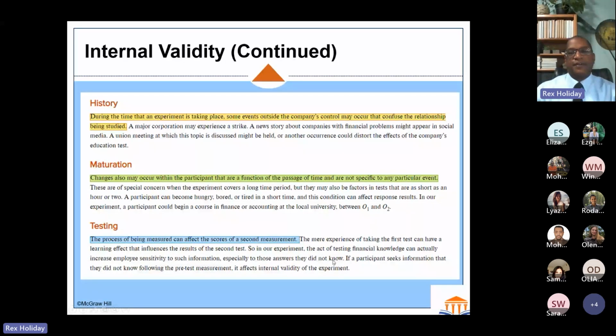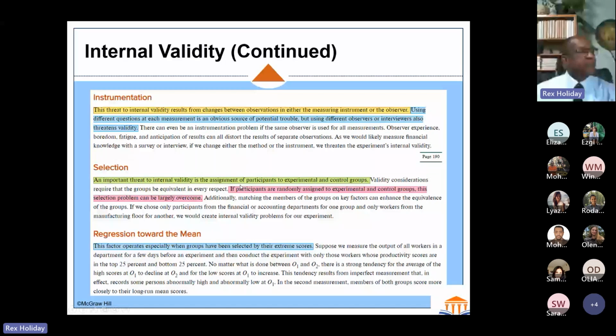That's very important, right? We can influence it by just providing more information. And so the second time you're measuring, they're better informed than they were before, so the results are going to be different there too. That's something to consider.